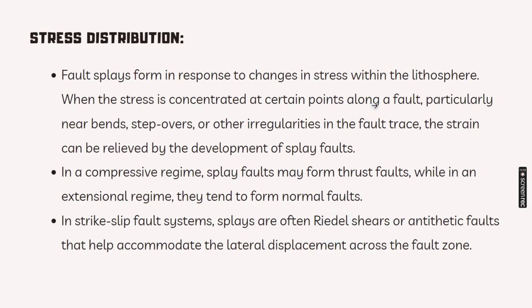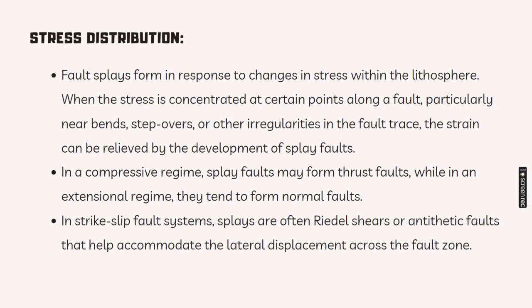Now come to the important part, that is stress distribution. Fault splays form in response to a change in stress. As I have told, wherever bending or step-overs take place, some stress regime gets changed, and that change is reflected in the form of splay.